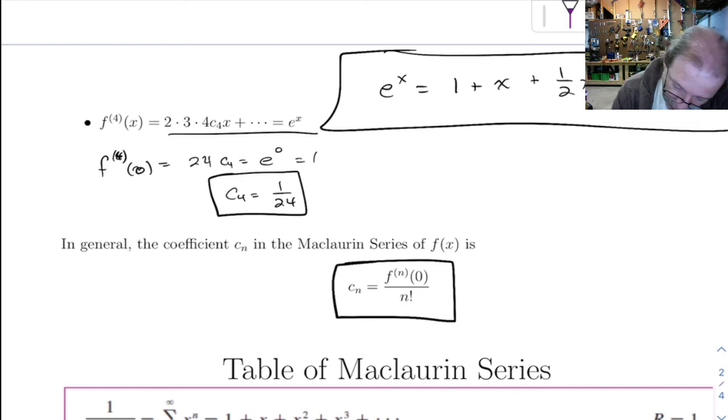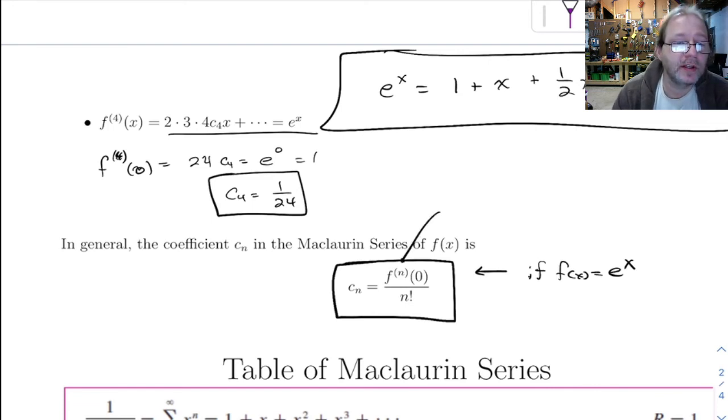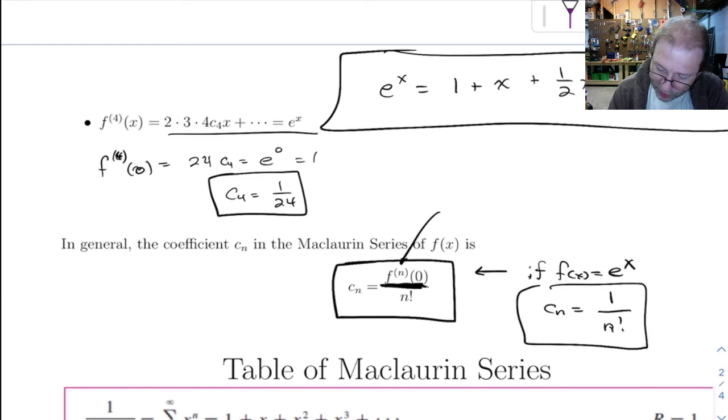Now, for e to the x, all of these derivatives here, the notation here, remember, when you've got a superscripted n like that inside of parentheses, that means the nth derivative. So if f of x equals e to the x, Cn is going to be this. When you plug in 0 for the derivatives of e to the x, you're always going to get 1. So your coefficients are going to be 1 over n factorial.